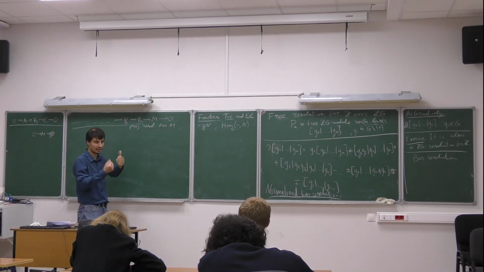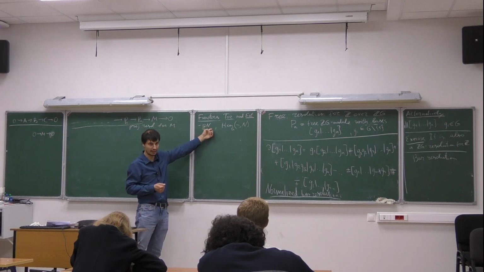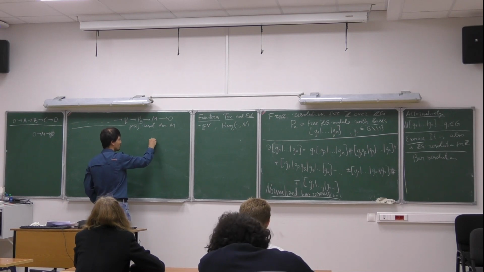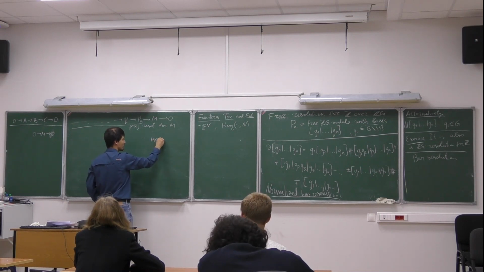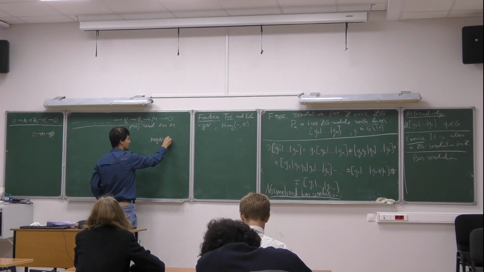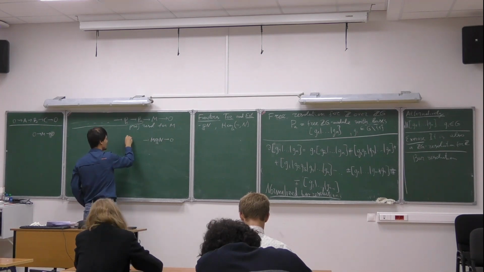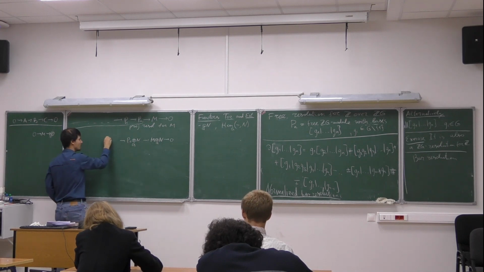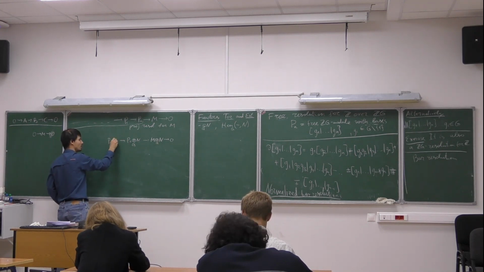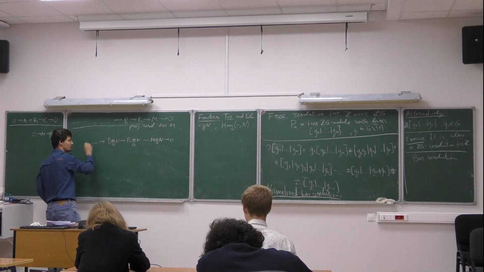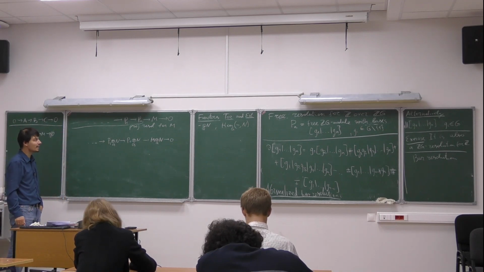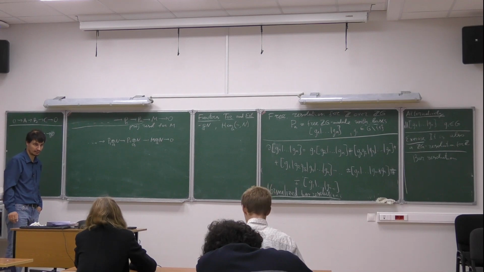But now you can tensor this sequence with another given module N. So you can consider this sequence, and so on. This is a sequence of abelian groups, and it is not necessarily exact.